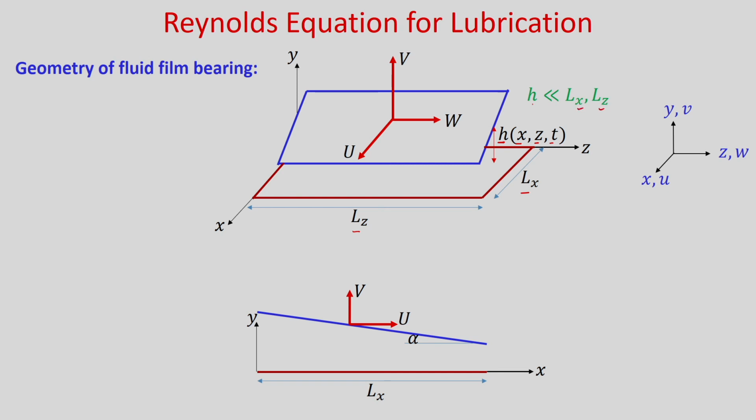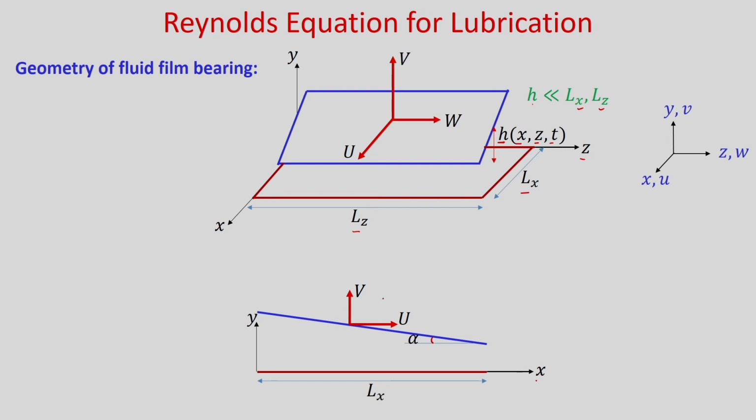So, if you take one xy plane, then you can see in xy plane it will look like this. So, we have this tangential velocity u in the x direction and we have the normal velocity v in y direction and length is Lx, and the upper surface is inclined and it is making a very small angle alpha, and w is also the tangential velocity in z direction.